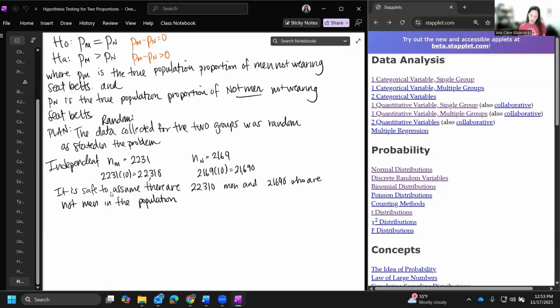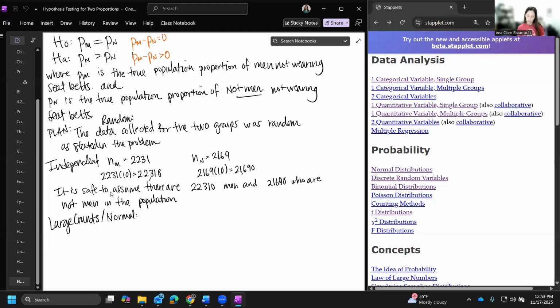Lastly, we need to check the large counts. And remember, at this point, we don't have a hypothesized value that we can use because we're just assuming that they're the same and trying to say that they're not, or we're trying to test that one is greater than the other. And so in this case, we have to use our sample successes and sample failures in order to be able to run the calculations.